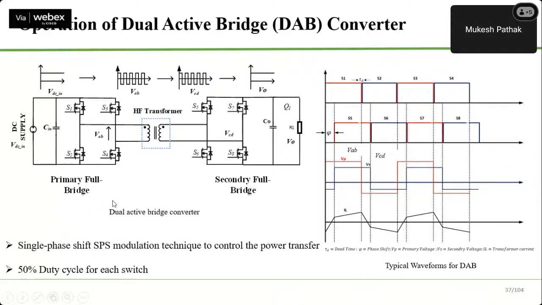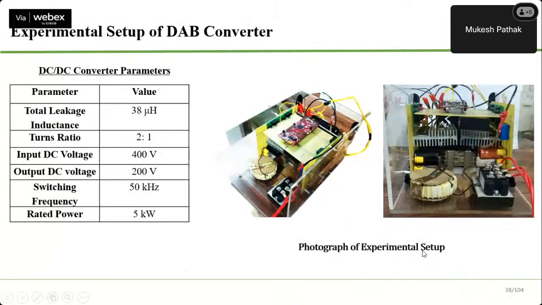The strategy here is to create a phase shift, so single phase shift modulation technique. There are different methods of controlling the DAB, and one of the simplest is the SPS modulation technique, which is shown in this diagram. And this is the developed prototype. You can see this is a 5 kilowatt setup. It's very small. This is a 5 kilowatt transformer which you can hold in your hand.